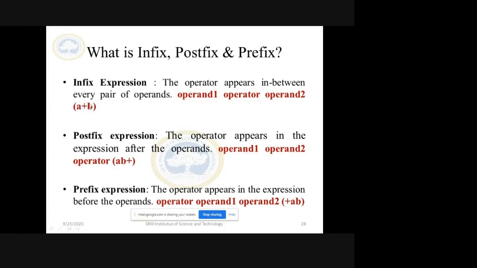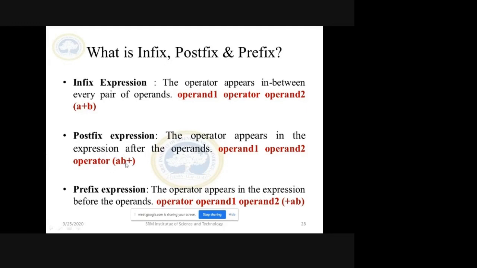That is an infix expression. Since this is a very simple expression, I can easily convert it to postfix. But if it is a very big expression, I have to follow some steps for converting. So here, the postfix expression will be AB plus.